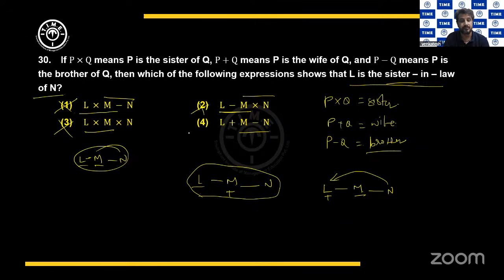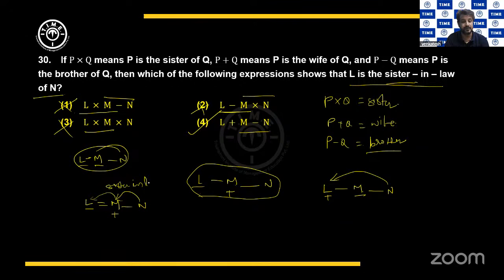Not the second. So you can choose fourth option as your answer. If you want to verify, L plus M. L is the wife of whom? M. M minus N. M is the brother of N. Now, L is the sister-in-law of N. Brother's wife is sister-in-law.